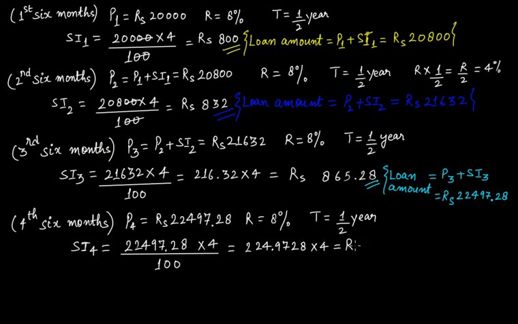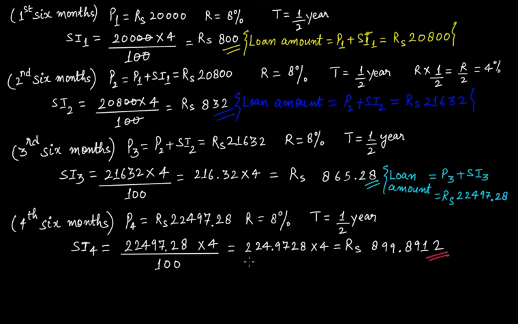If you solve this, you get rupees 899.8912. So this is your interest at the end of the fourth period of 6 months.